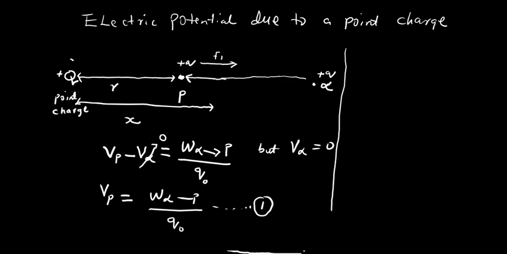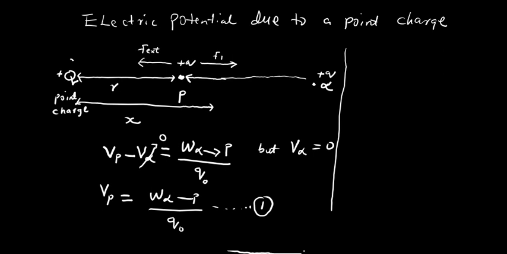Also, an external force, F external, which is equal to F1, moves in the opposite direction to oppose the repulsive force. They are equal, but in opposite directions.